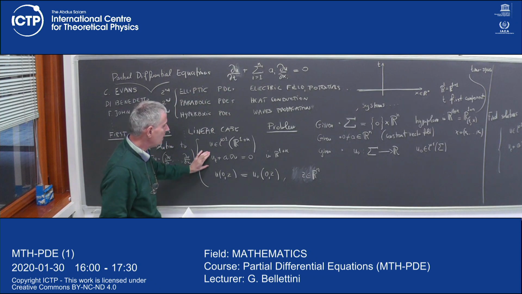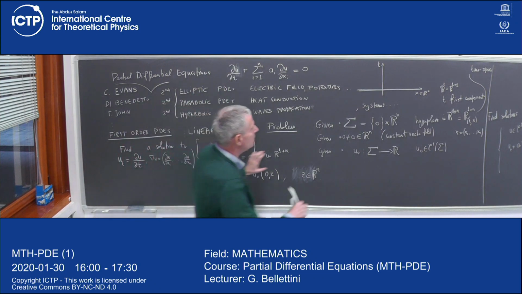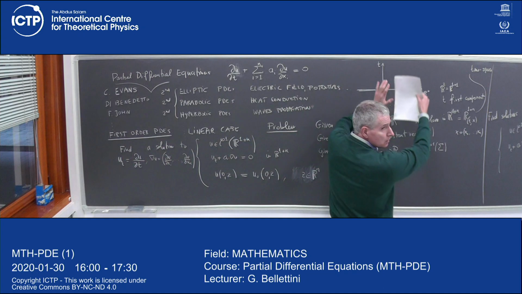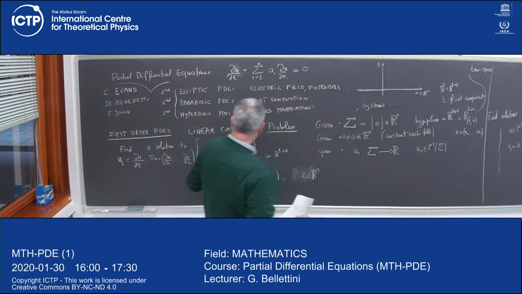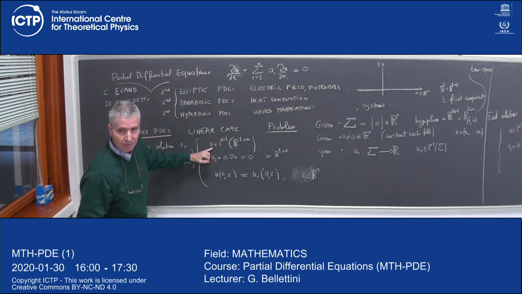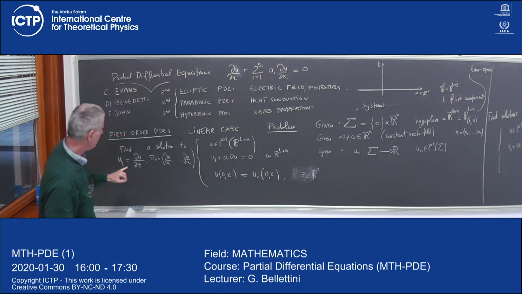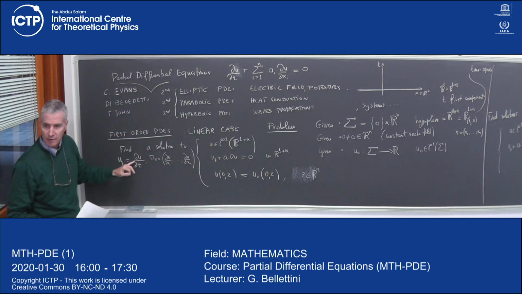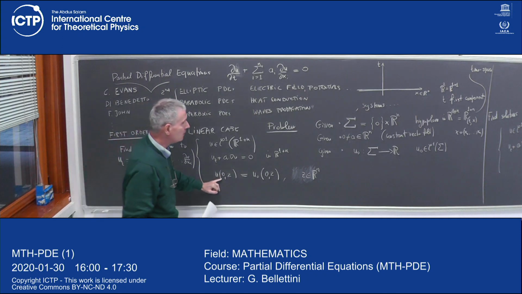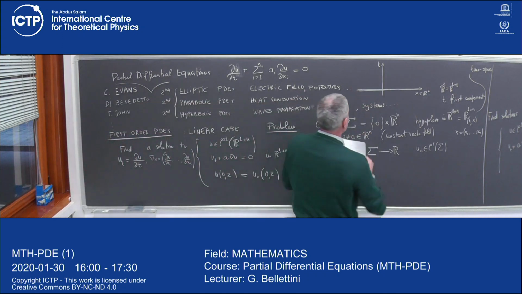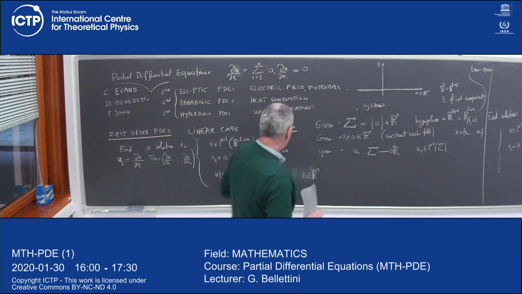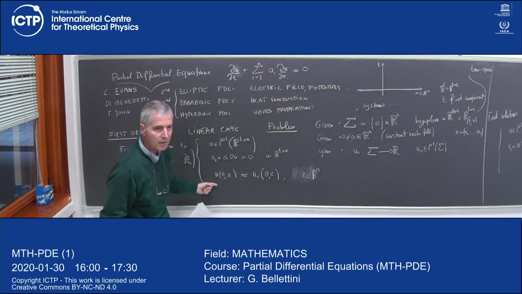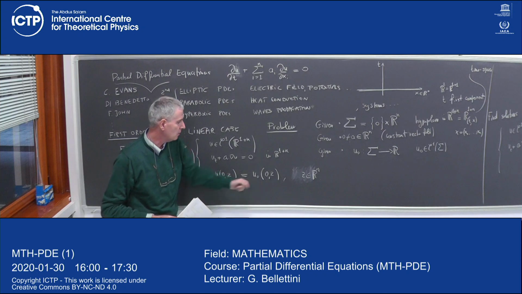So I have a PDE valid in the whole time space. I ask that u is smooth enough, because otherwise it's difficult to give a meaning to these partial derivatives. And then I ask that on this initial Sigma, u is assigned, given, equal to this. Okay?